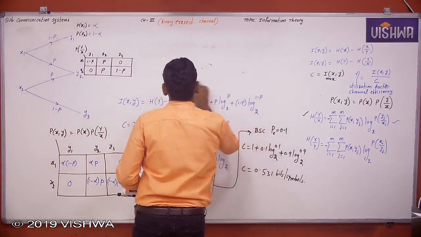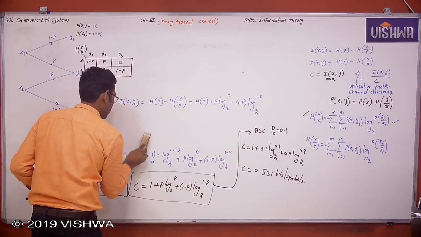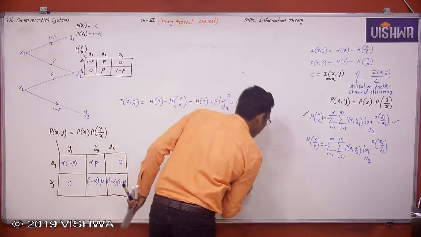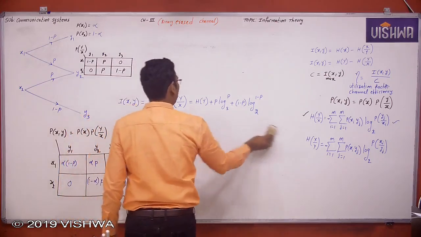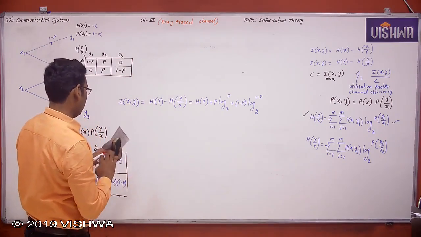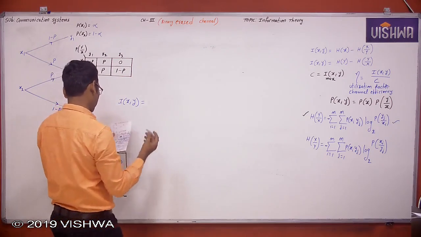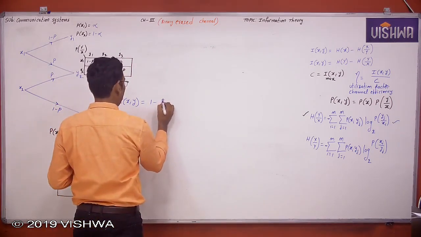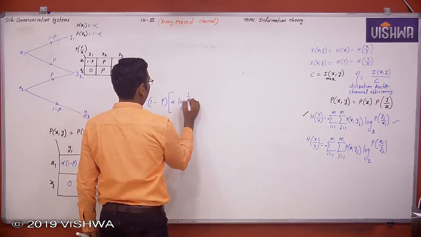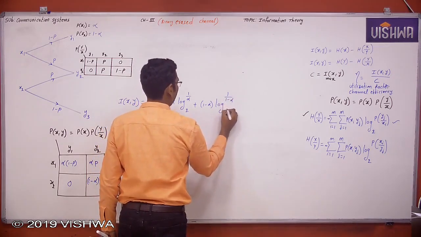Same procedure. If you follow the same procedure, you get the mutual information as I of x comma y, which is equal to 1 minus p into alpha log 1 by alpha base 2 plus 1 minus alpha log 1 by 1 minus alpha base 2.